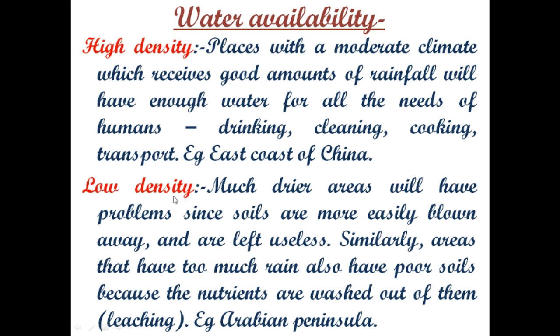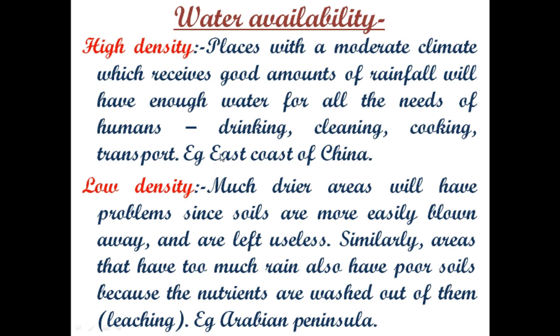If we see the low density areas, then these areas receive less rainfall or a lesser amount of water. People cannot fulfill their needs, they cannot use the water according to their needs.